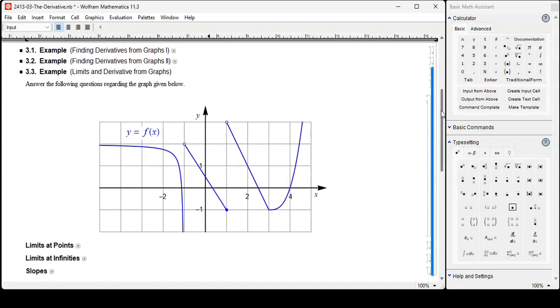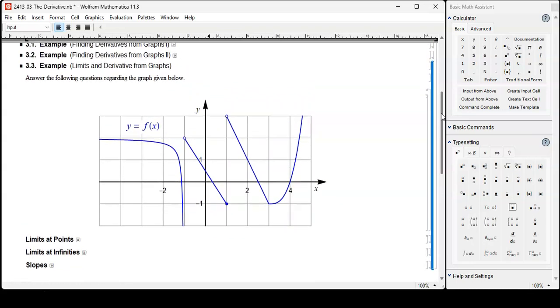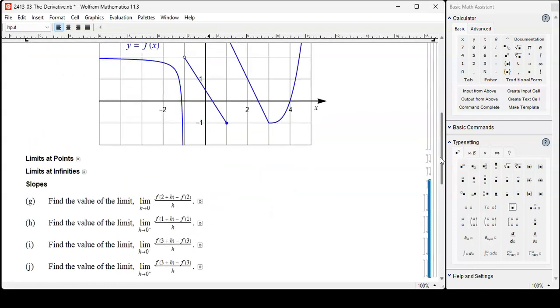Okay, we have more points, more problems. Slopes. Derivative at 2, derivative at 1. No, not derivative, left-hand side. Right-hand side derivative at 3. Left-hand side derivative at 3, those kinds of things. Let's see.